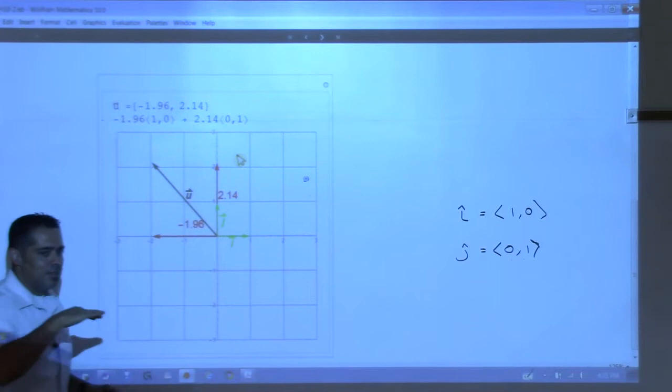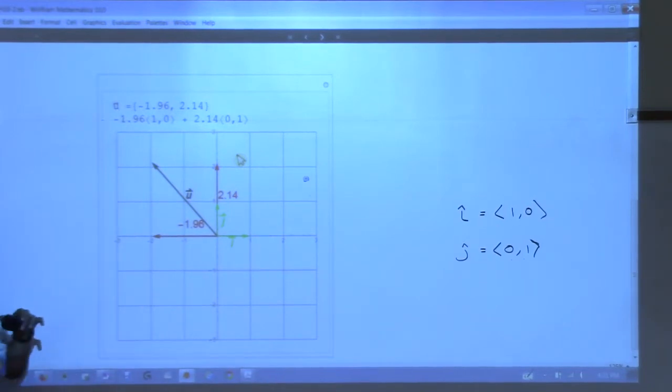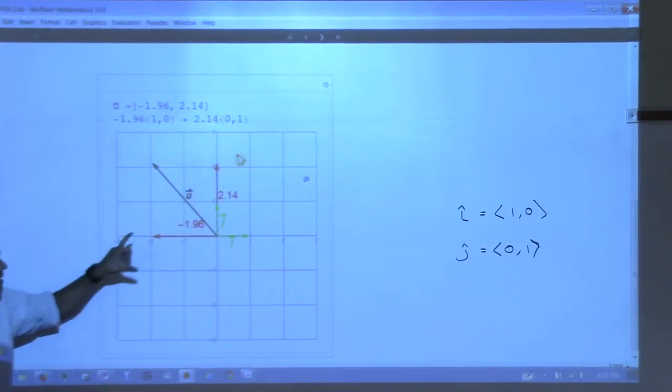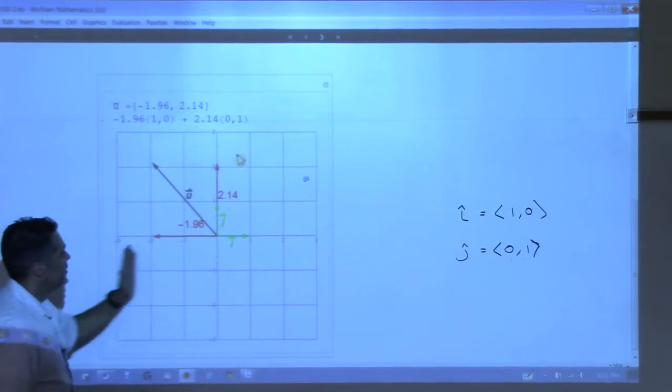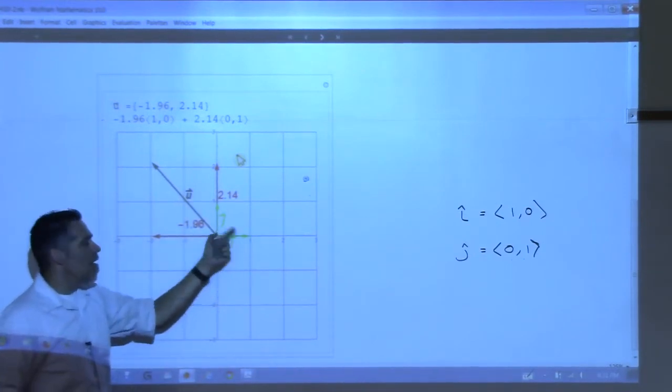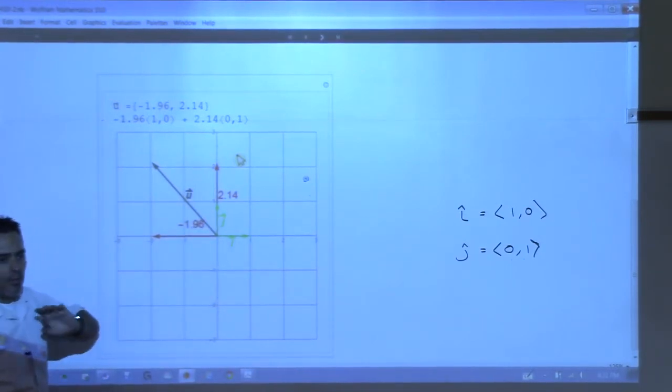These are the super best basis vectors that we can get in Euclidean geometry, i hat and j hat. They span the whole space, they're orthogonal to one another, and they all have a length of 1. Orthonormal basis.